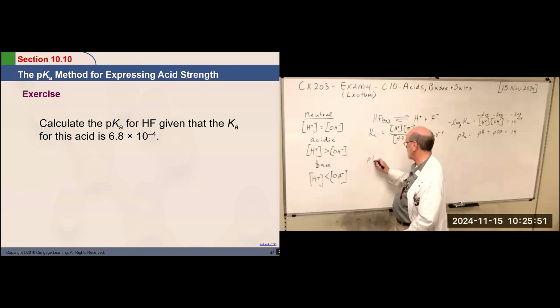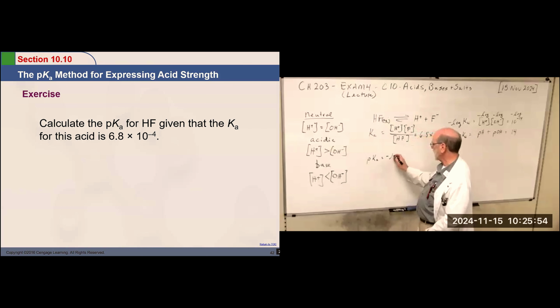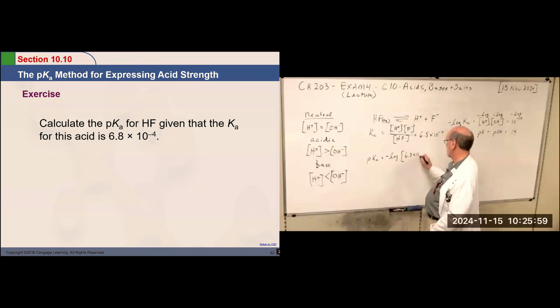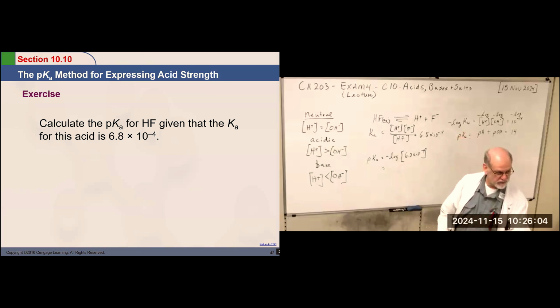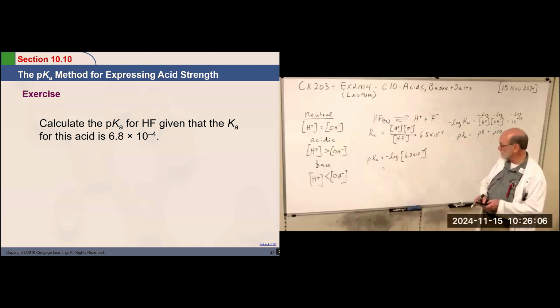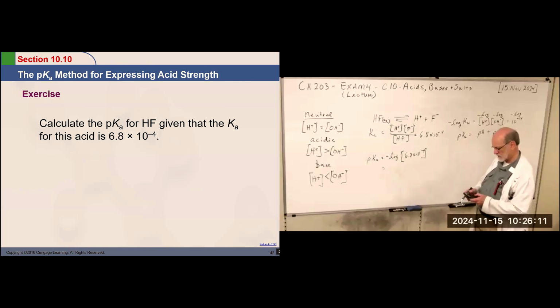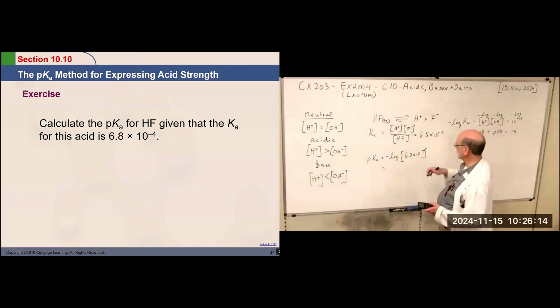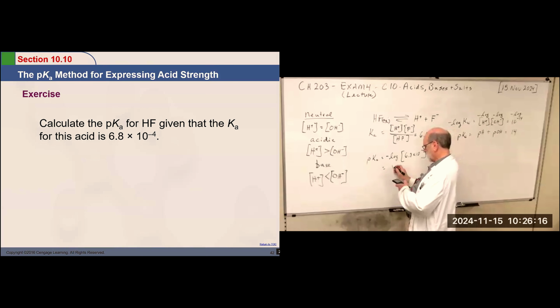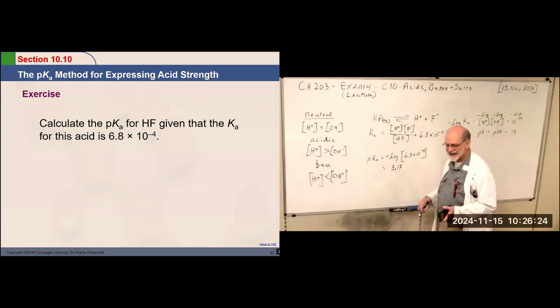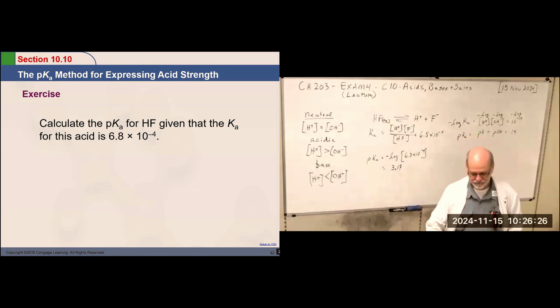So the pKa is equal to the negative log of this value, 6.8 times 10 to the minus 4. All we have to do is plug that into our calculator. Minus 4, take the log of it, and change the sign. And we've got 2 significant figures, so we can have 2 decimal places. Our pKa is 3.17.